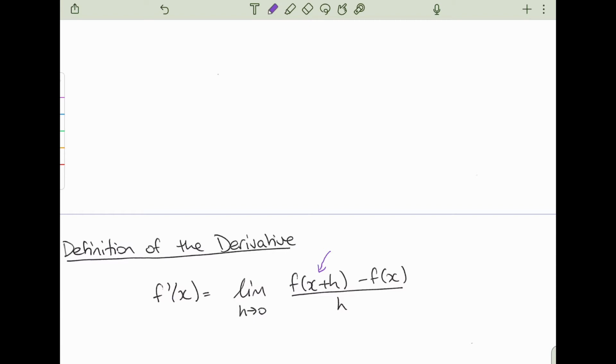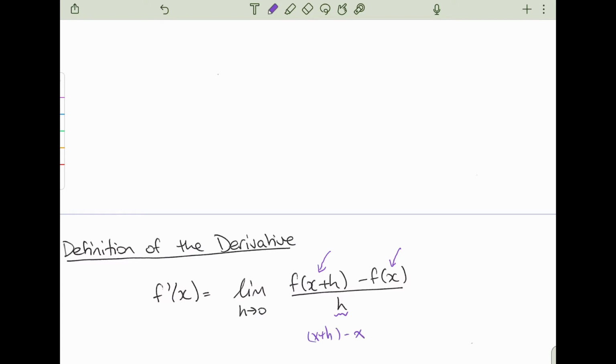And the second one is x, right? So it's kind of the difference of these two outputs, the difference of the function value. And in the bottom, this h can be viewed as the subtraction of x plus h and x, right? So this is essentially x plus h minus x.